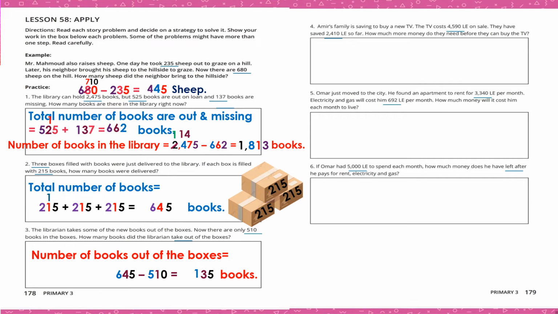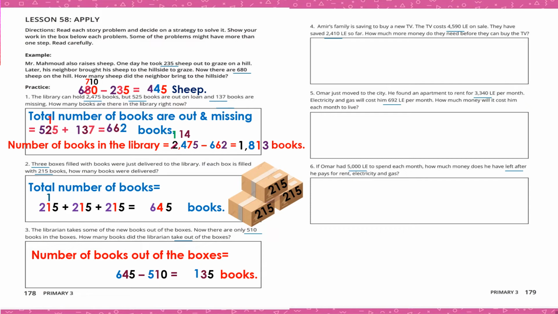How much more money do they need before they can buy the TV? They have 2,410, but the price of TV £4,590. So far. Okay, how much more money do they need to buy the TV?